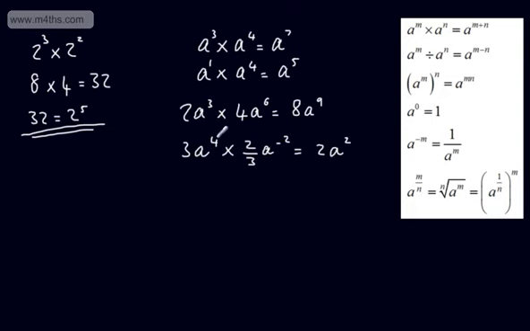Sometimes we might not get integer values on our powers, so we might have, for example, 4a to the power of 1/3 multiplied by, let's say, 5a to the power of 1/2. So we multiply the two numbers, 4 times 5, that will give me 20, and now we need to add 1/3 and 1/2. So 1/3 plus 1/2 is going to give me 5/6.